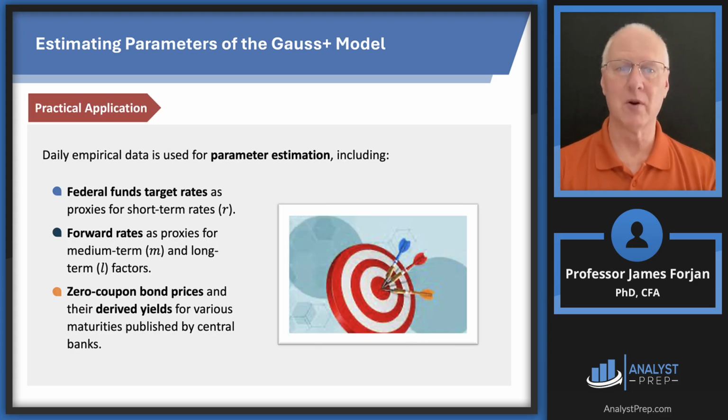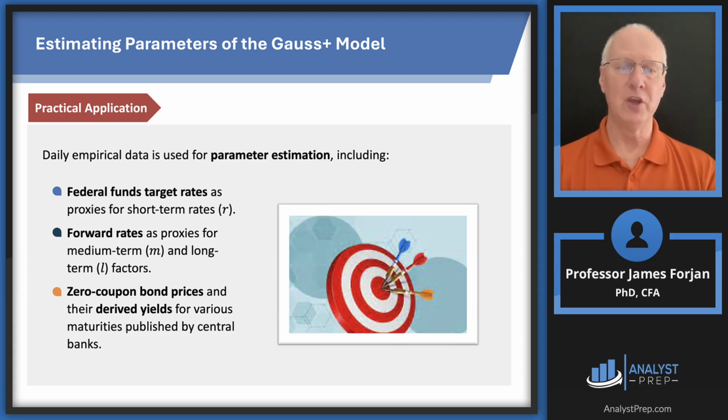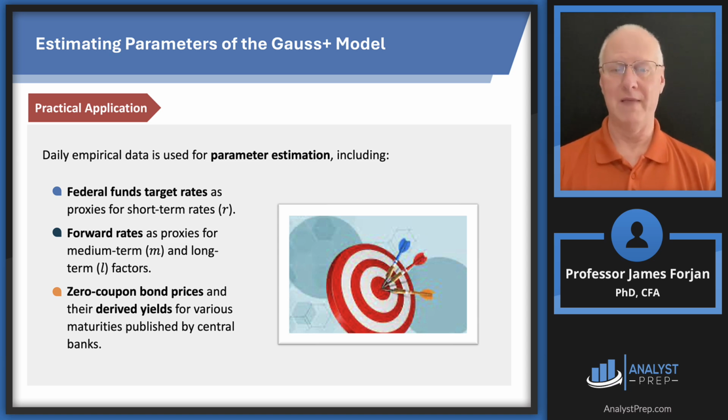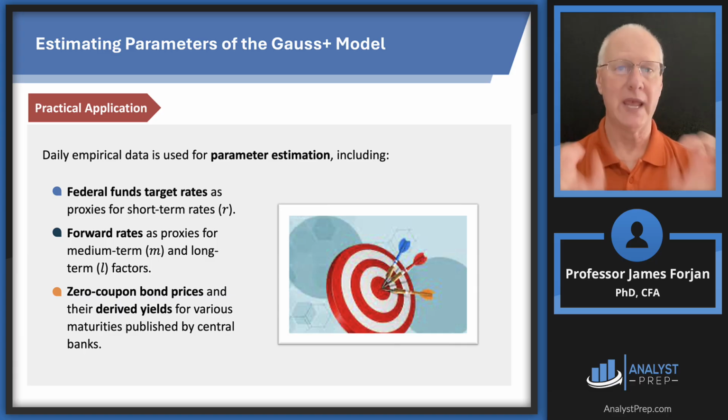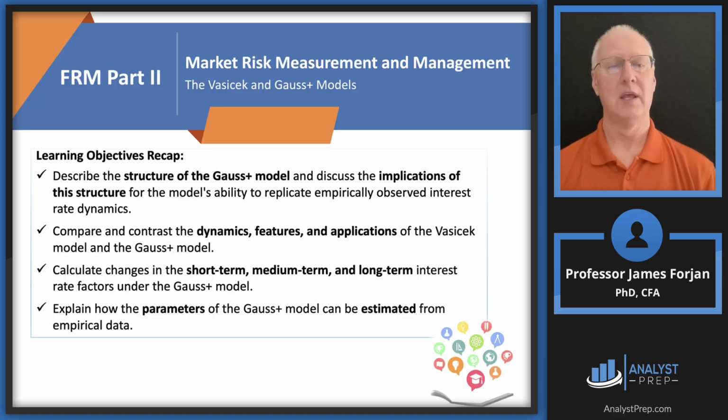And then we can summarize these things by viewing federal funds target rates, forward rates, medium and long term, and then those zero coupon bonds and their derived yields. So this is a practical application. We can take this model and throw it right out into the treasury markets, into corporate bond markets, into muni bond markets, into any place that we want.